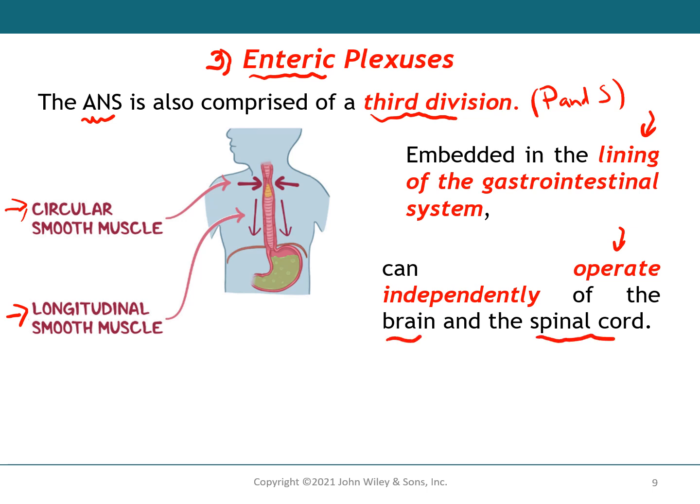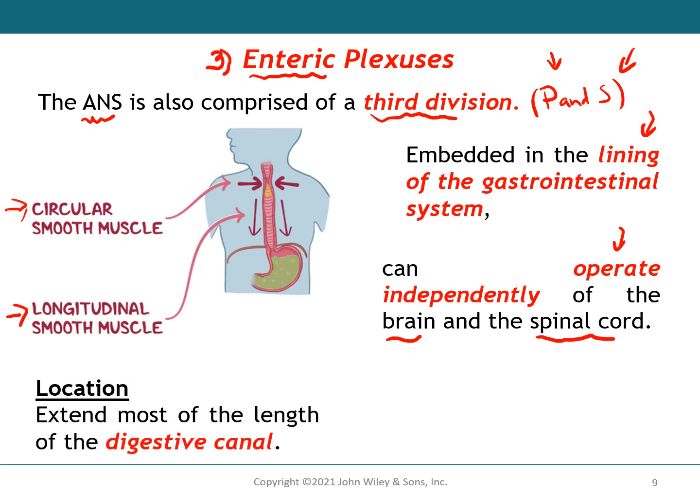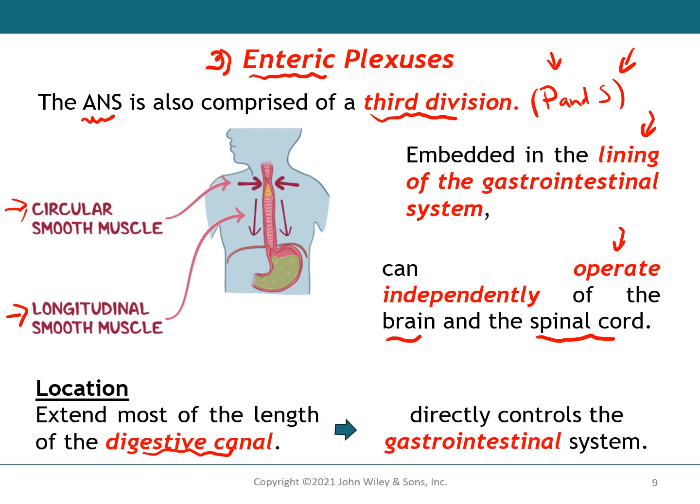They can, of course, be regulated by the parasympathetic and sympathetic nervous system, but they work independently of the brain. They extend along most of the digestive canal, and their main function is to directly control the gastrointestinal system.